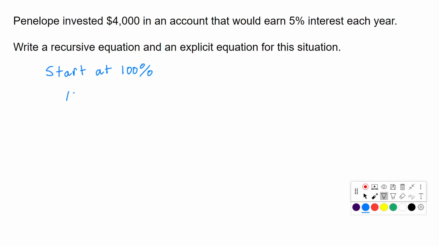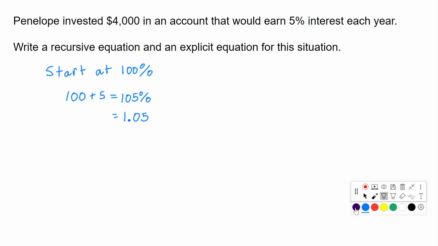So we need to do 100 plus 5 for a total of 105%. As a decimal, that is equivalent to 1.05. Remember, you move the decimal 2 places to convert any percent to a decimal.